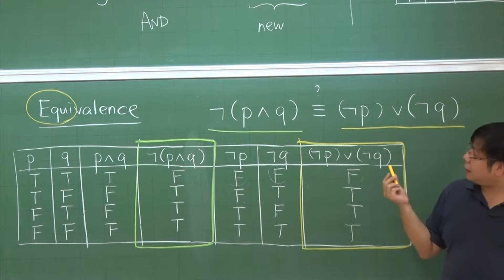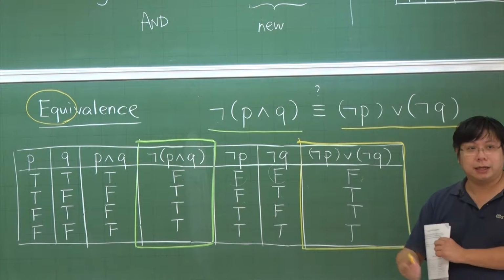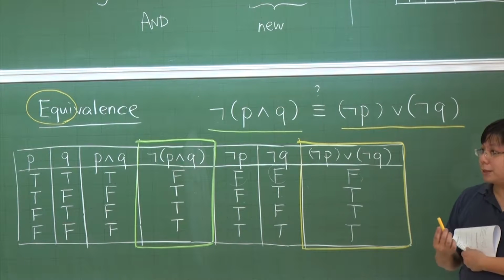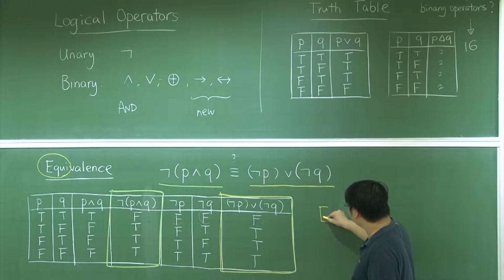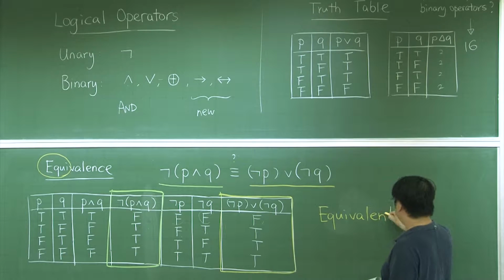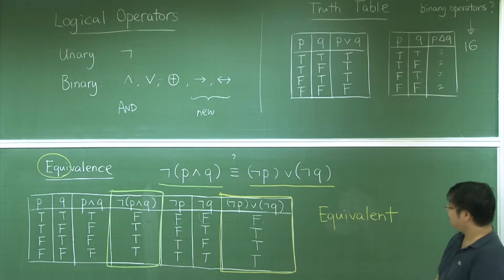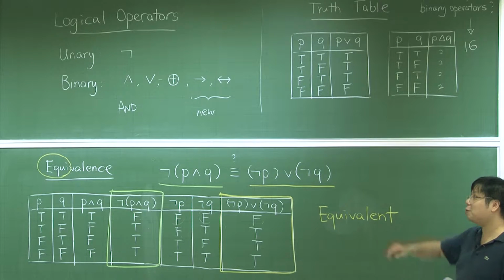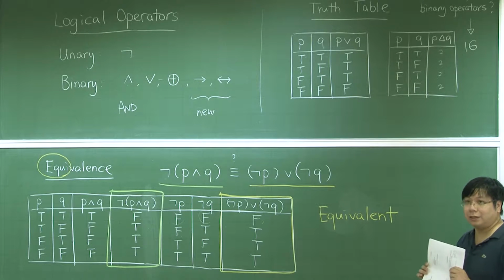So that means that for these two propositions, they will always agree in the truth value. And so we call them equivalent. Is it okay? So the adjective here is equivalent. Okay? So we call these two equivalent propositions. Okay? That's it.